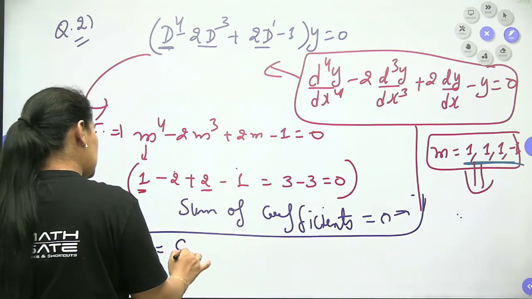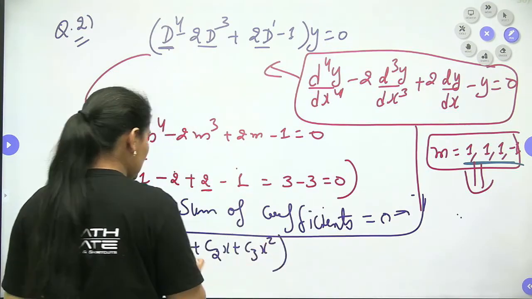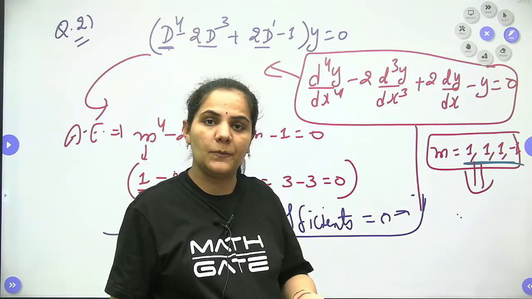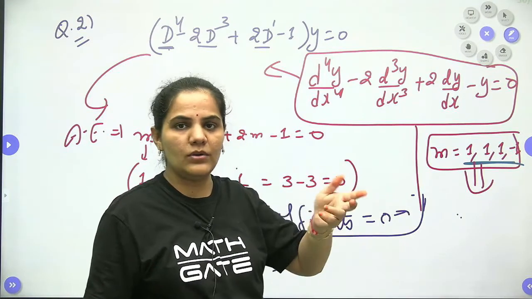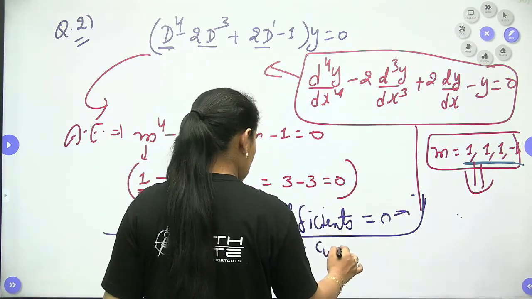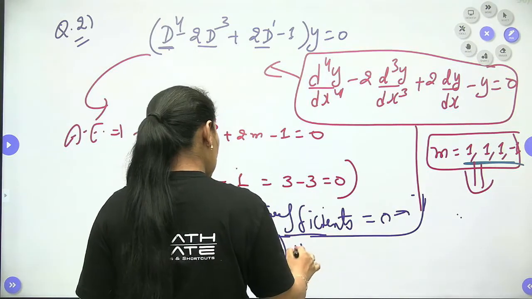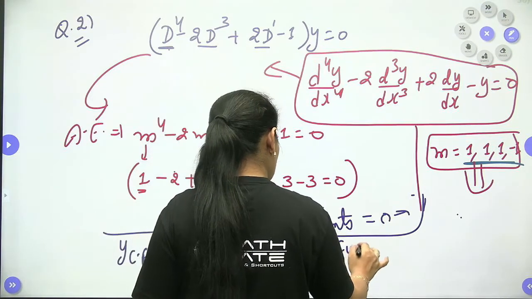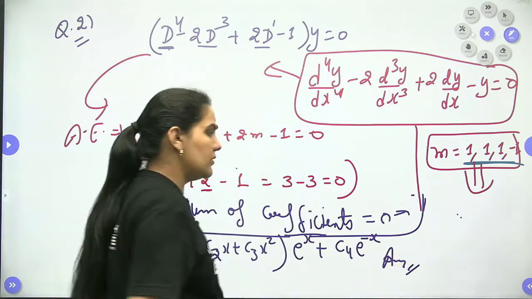So the CF will be C1 plus C2x plus C3x square, as the first three roots are real and repetitive, and the fourth root is real only. So we can conclude here, (C1 plus C2x plus C3x square) e to the power x, plus C4 e to the power minus x. So this will be the solution, guys.